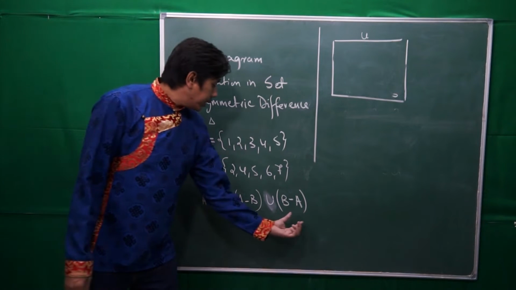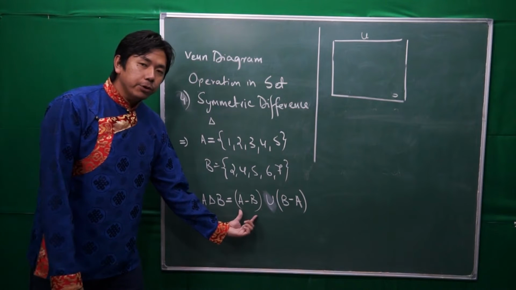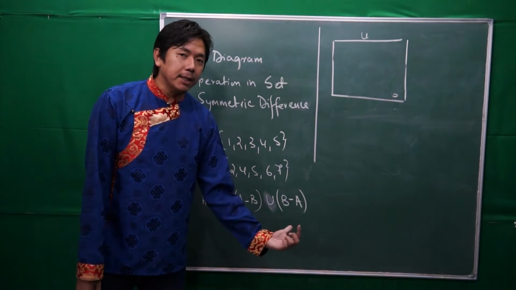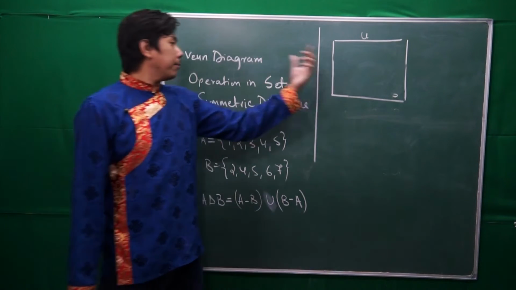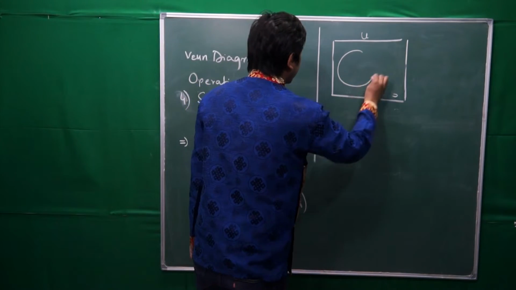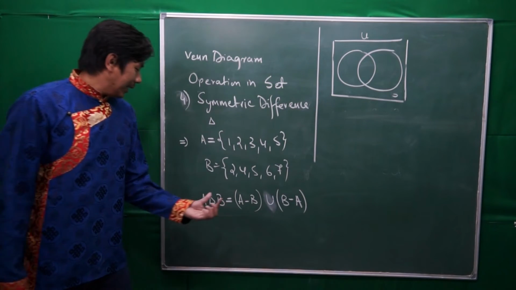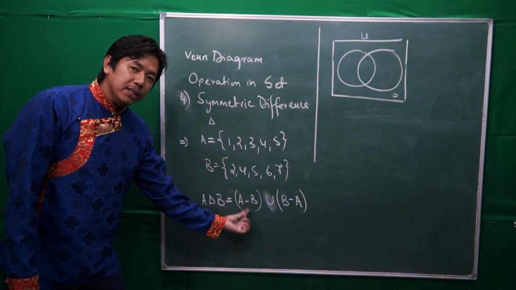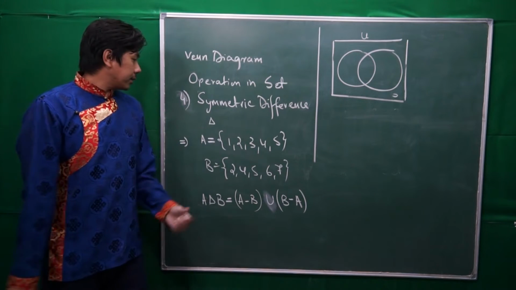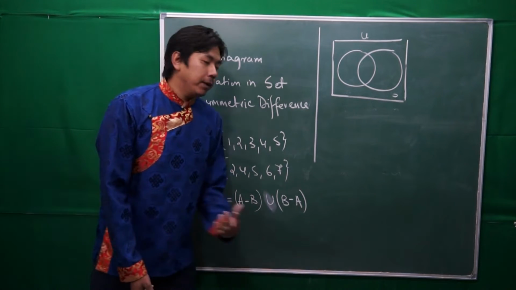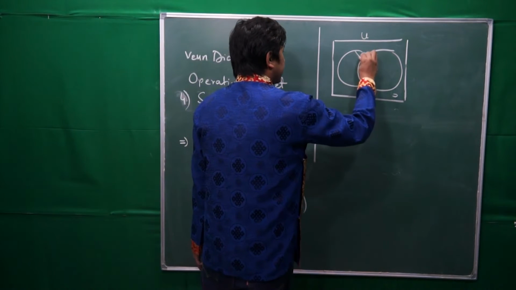So from this equation, I am telling you that the symmetric difference between two sets A and B is equal to A minus B union B minus A. So as you can see, mathematically or diagrammatically, we can represent it as a region that is exclusive to A minus B alone and then B minus A alone. And from the past difference between sets, we already know A minus B is the region that is only exclusive to A.